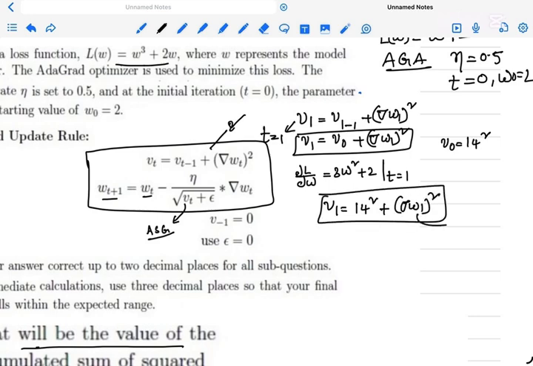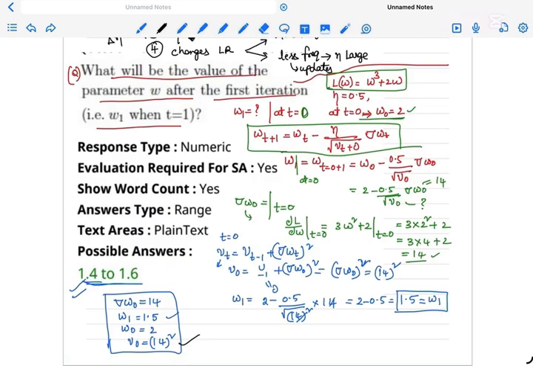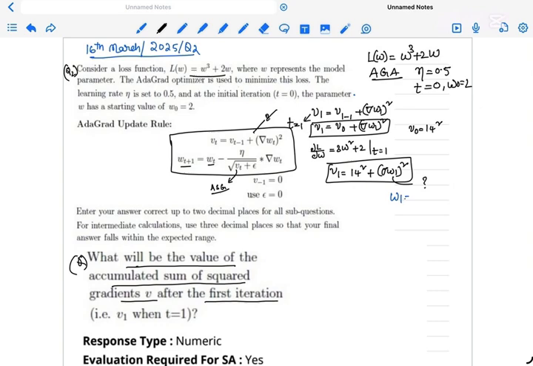So we want to find delta W1 calculated in the previous question. W1 equals 1.5. V naught equals 14 square. These two values are calculated from the previous question.